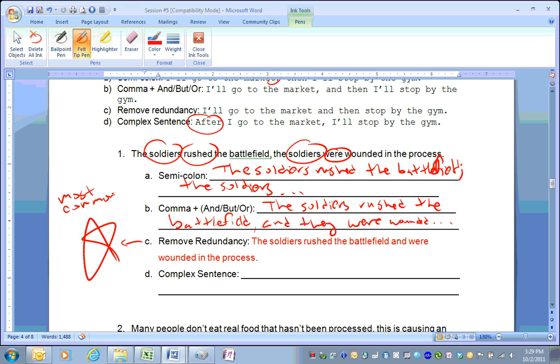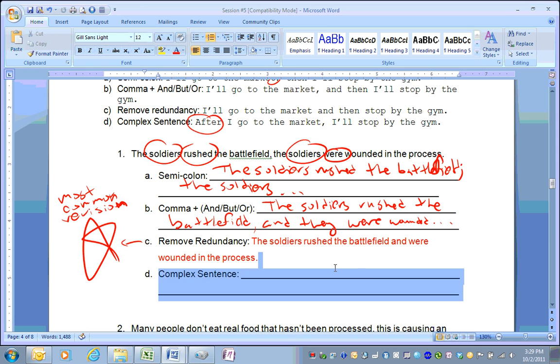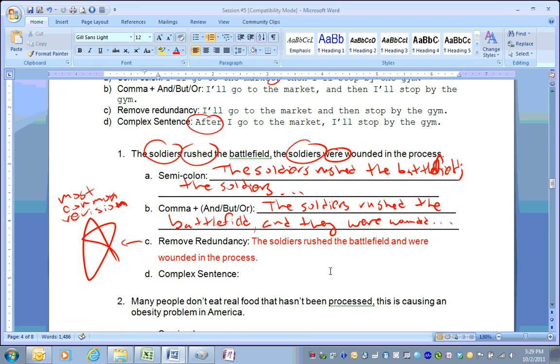The most common revision would be something like that. Or we could say this: After the soldiers rushed the battlefield.